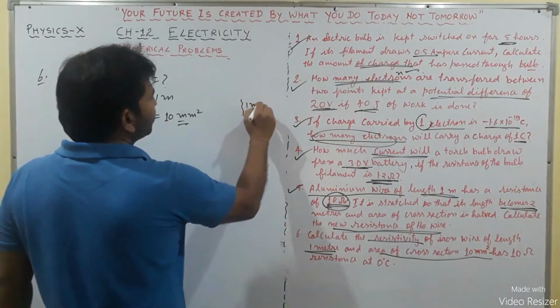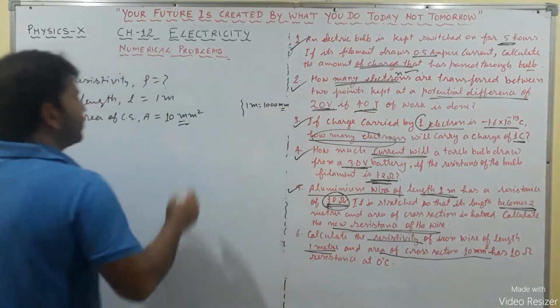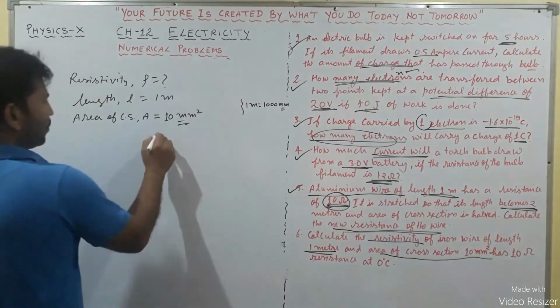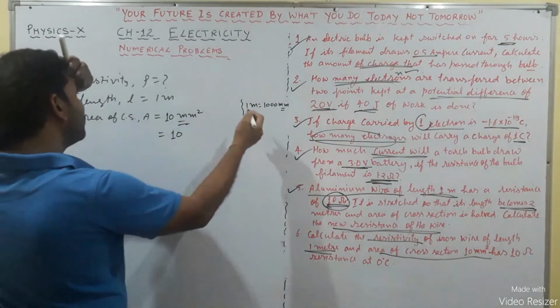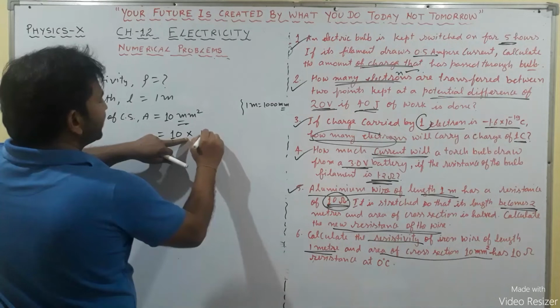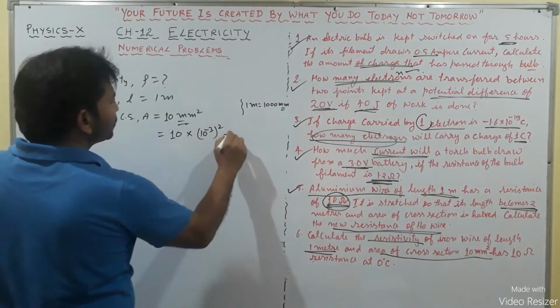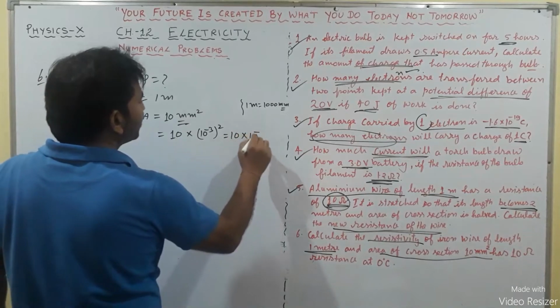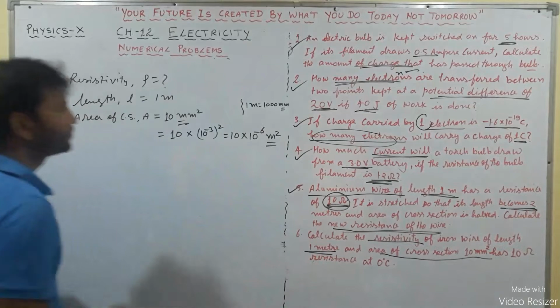Since 1 meter is equal to 1000 millimeter, we will convert this 10 millimeter square into meter square by multiplying 10 raised to power minus 3 whole square, that is 10 into 10 raised to power minus 6 meter square.